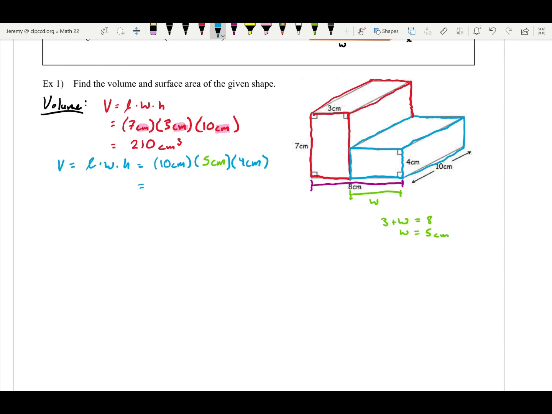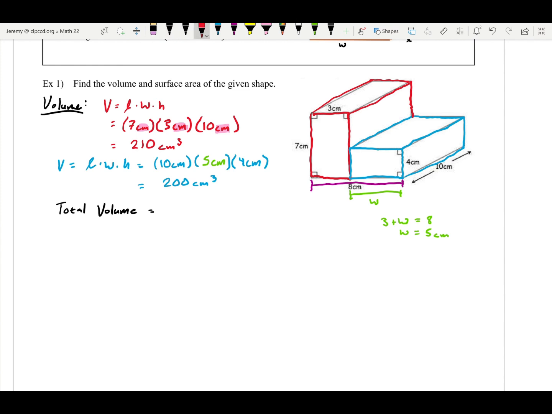All right, looks pretty good. I'll multiply these three numerical values together and I get 200. And the units are centimeters cubed. So the total volume is going to be the sum of these two values that I just found.